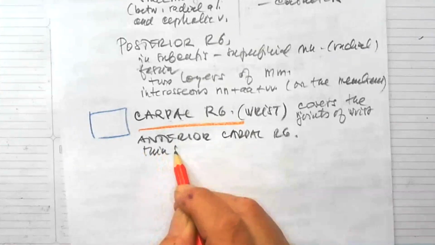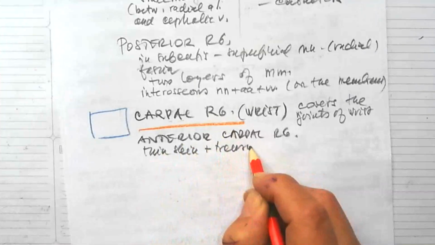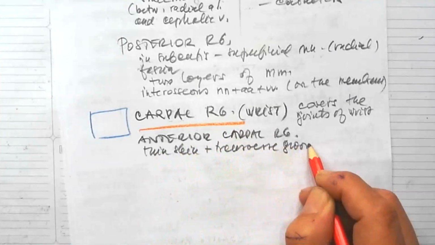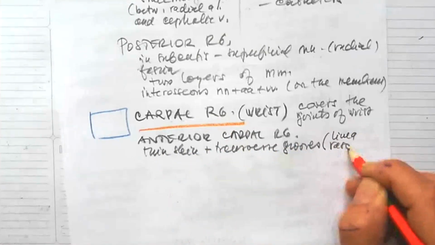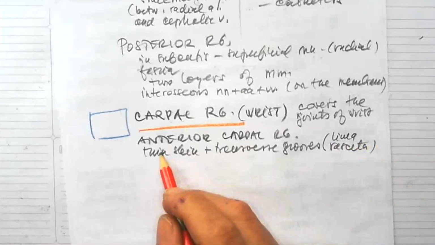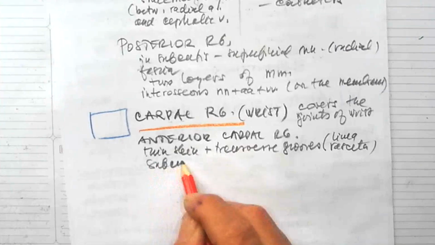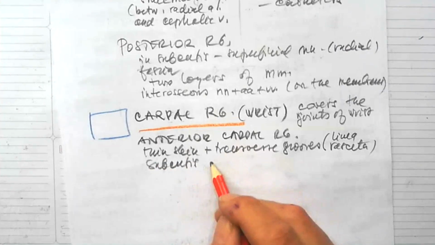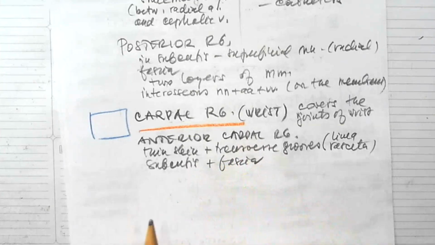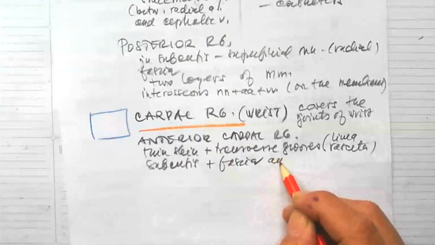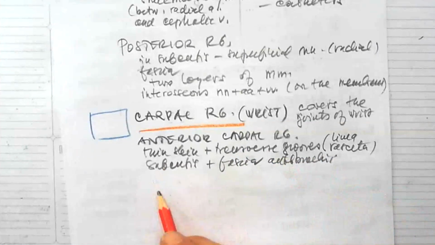Here is the relatively thin skin plus transverse grooves, Latin linea rascetta, not bad to know. Then subcutis with the nerves, plus fascia, plus superficial fascia or fascia antebrachii, because it descends from the antebrachium.